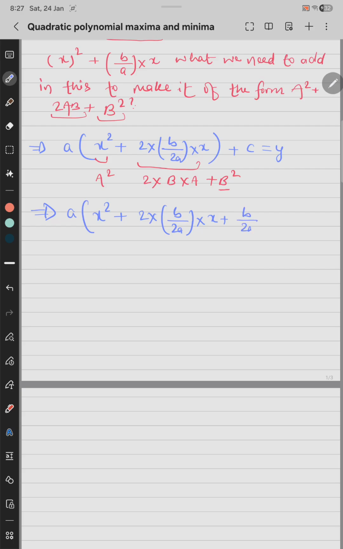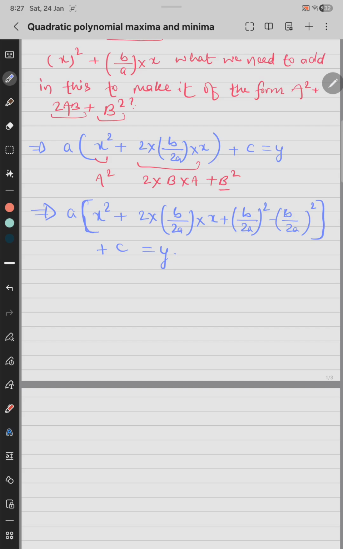Then we will add square of b by 2a, and since we have added a square of b by 2a which was not earlier in the equation, we also need to subtract the same b by 2a square, so that we have nothing different in LHS overall. So now our equation becomes plus c is equal to y.